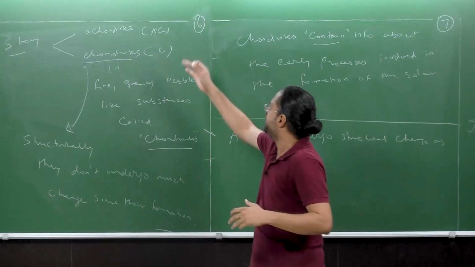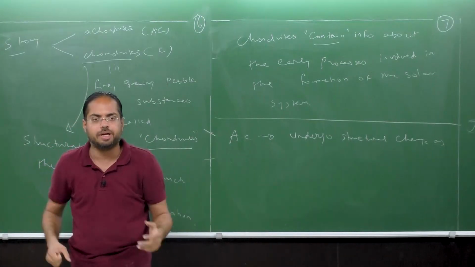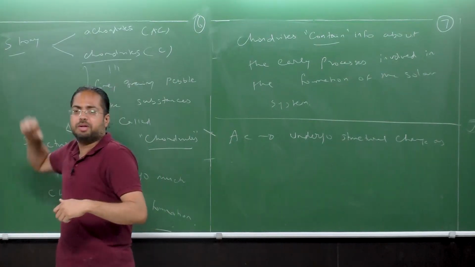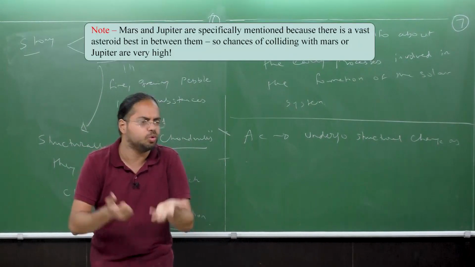For example, some of the achondrites may have come as a result of a clash between this achondrite and some sort of planetary body such as Mars or Jupiter or something like that.